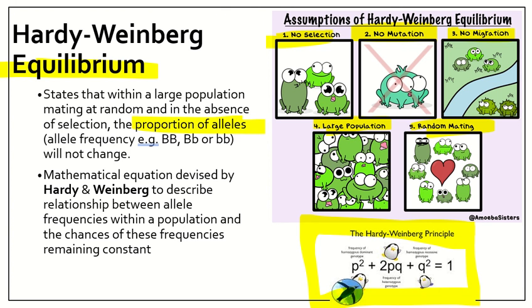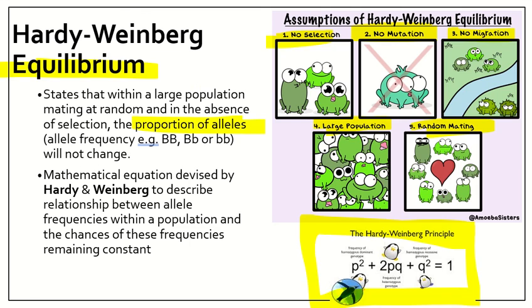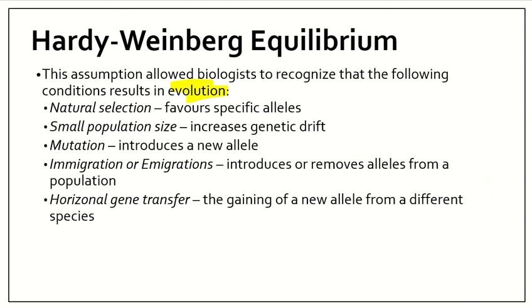If a population isn't at equilibrium, then it is having evolution. How we see evolution happening based on the Hardy-Weinberg equilibrium is going to be the exact opposite of these 5 that we just said.